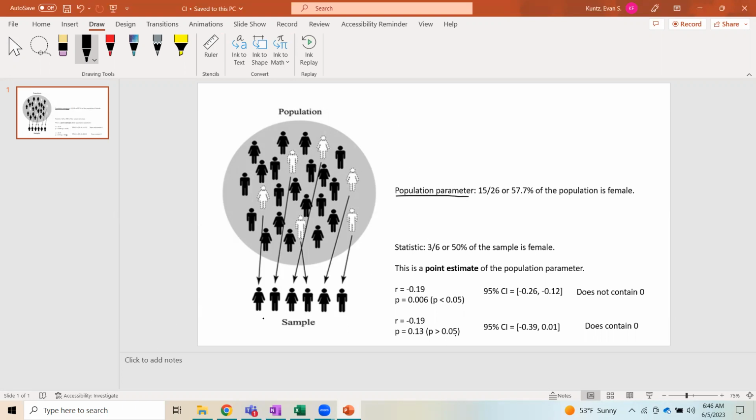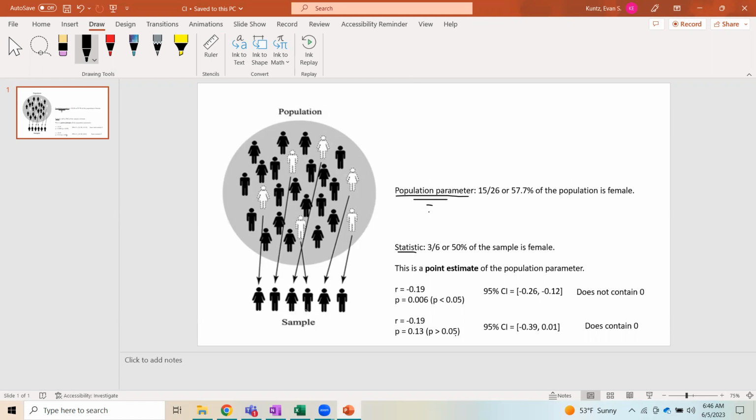And so a sample is a random selection of some number of individuals from the population to calculate statistics which are going to represent or are going to be an estimate of what this population parameter is, the desired variable we're trying to measure.